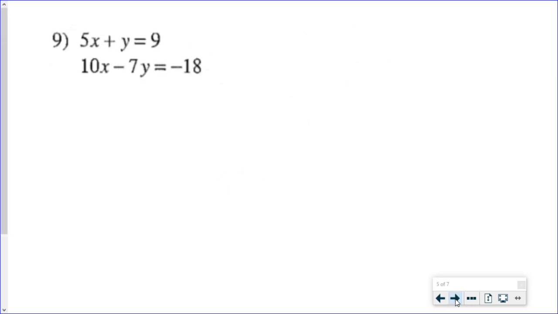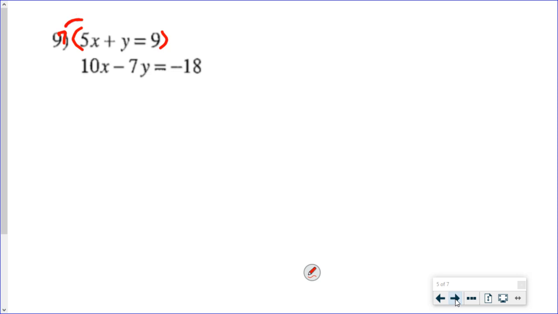Ooh, now just switching the sign isn't going to help me. But what you're going to notice is if I multiply through, say, the top equation by 7, do you see the y's are going to cancel?